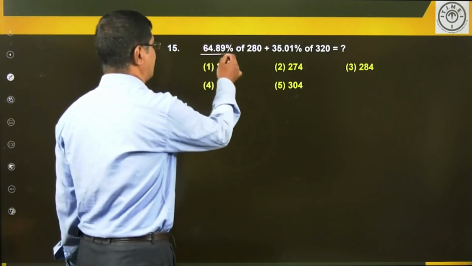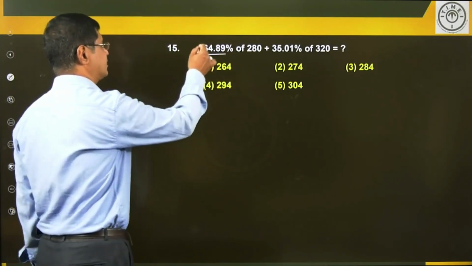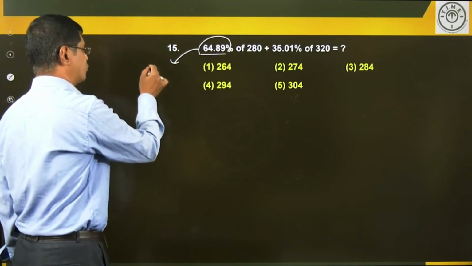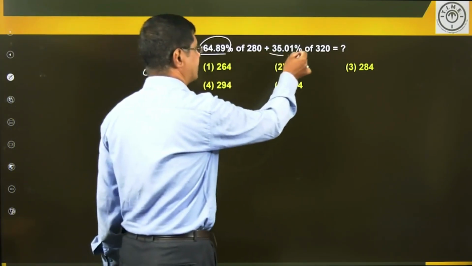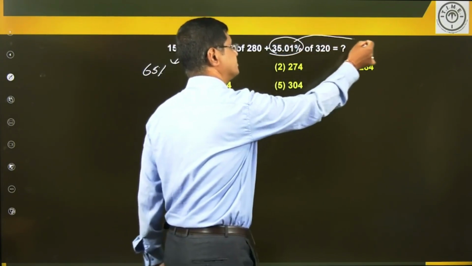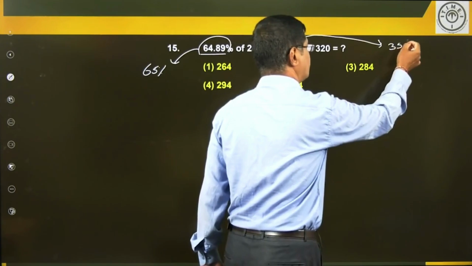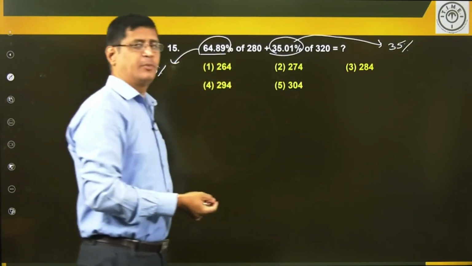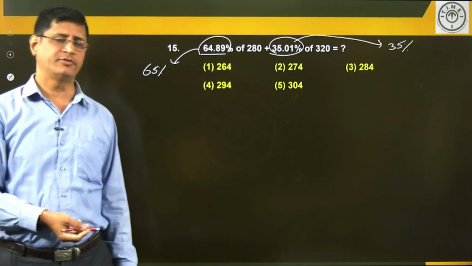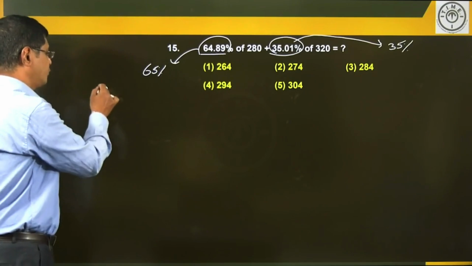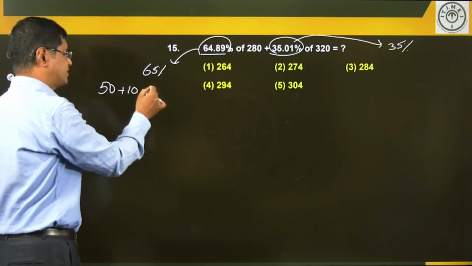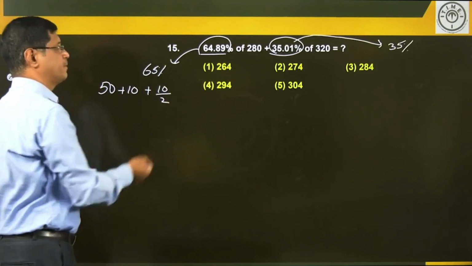Here, 64.89% is approximately 65%. And the second part is 35.01%, which is nearly 35%. Just observe 65%. 65% is 50% plus 10% plus half of the 10%.